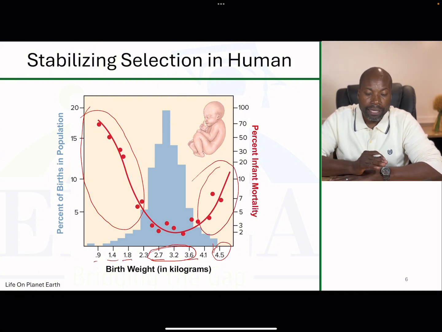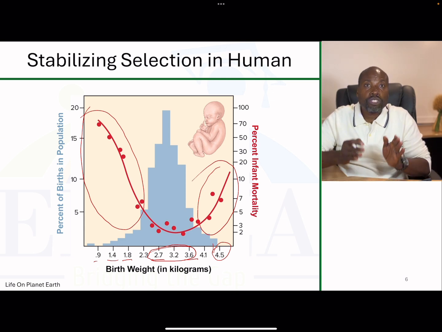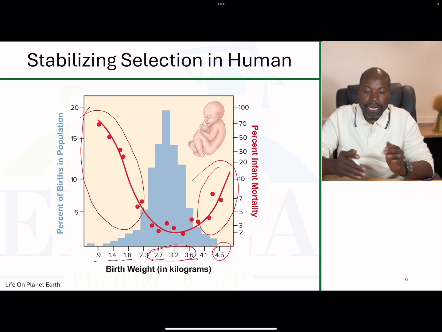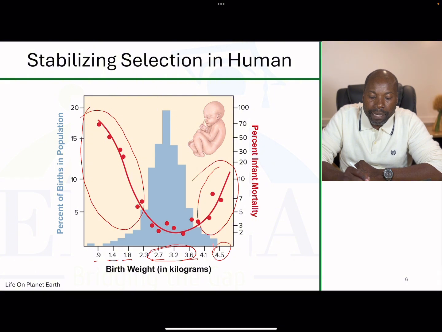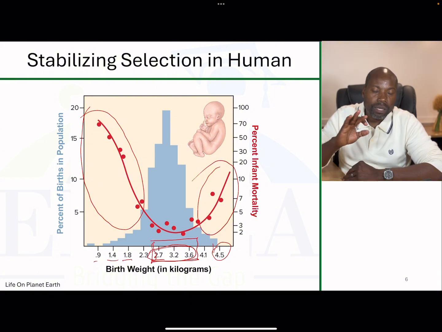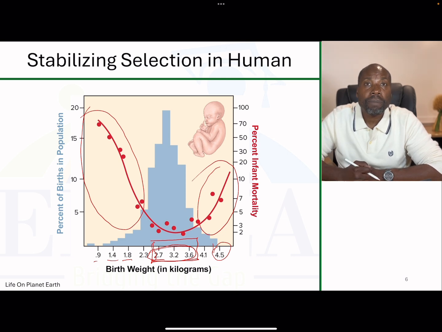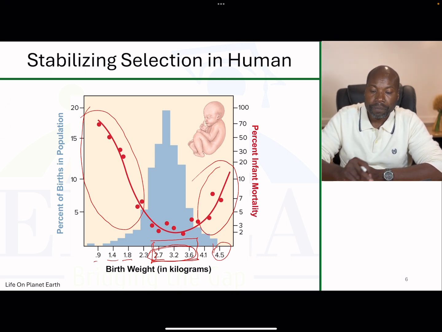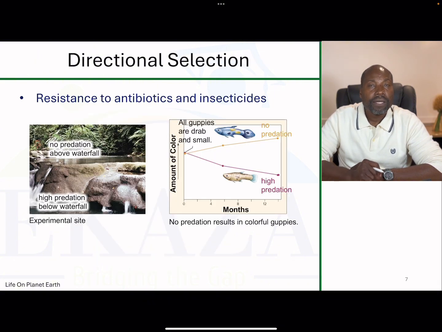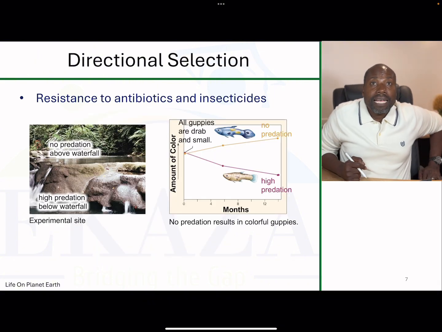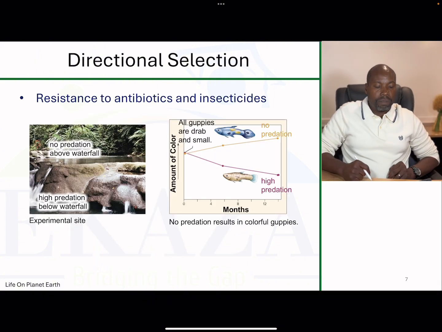We notice that the likelihood to survive is very high when a baby has a weight that is between around 2.7 and 3.6 kilograms. Okay, that's an example of stabilizing selection.